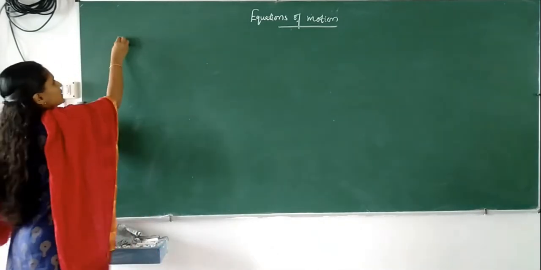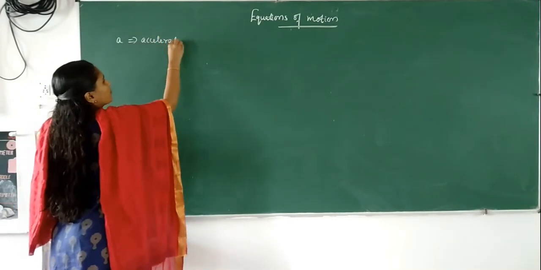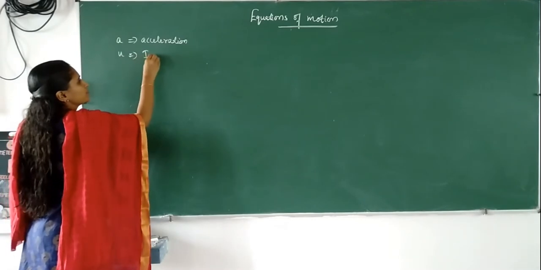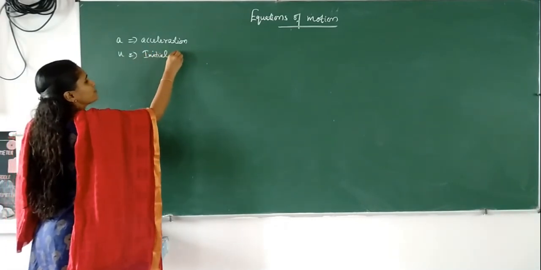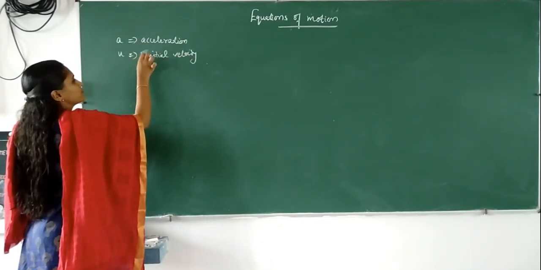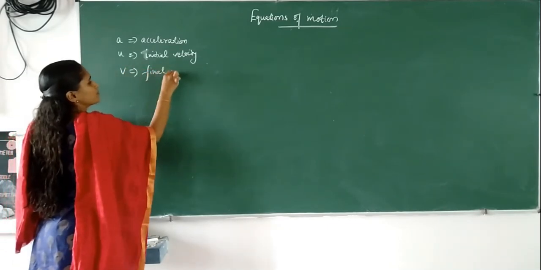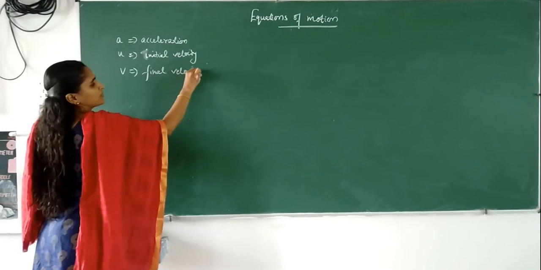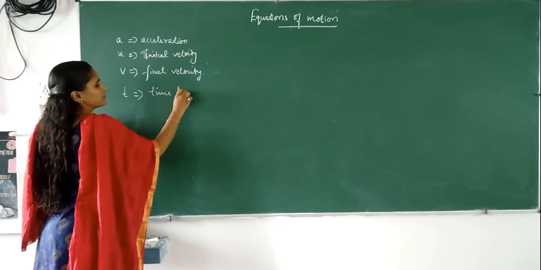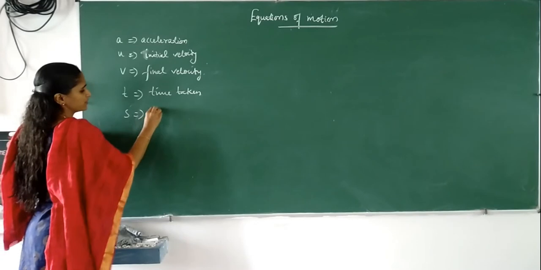We can write which terms we are using: acceleration, then initial velocity, then final velocity, then t is the time taken, and during that time let s be the displacement.